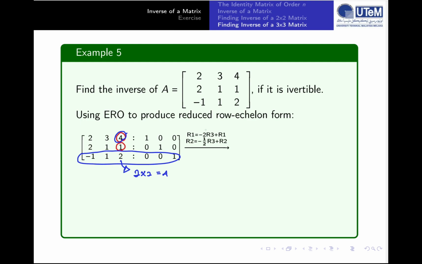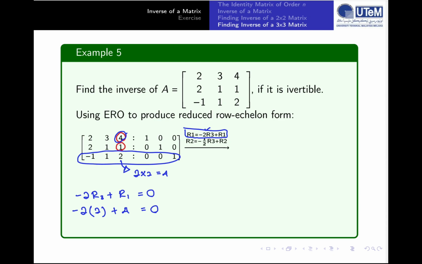So we can put negative 2R3 plus R1. Negative 2R3 plus R1, we can get 0 here, whereby negative 2R3 equals 2 and then plus R1 equals 4, so here equals 0. That's why we get this equation in order to find the value of row 1. Also the same thing for row 3.